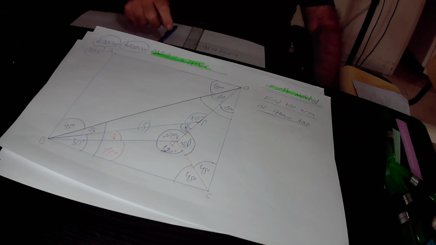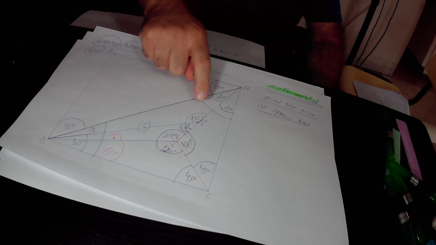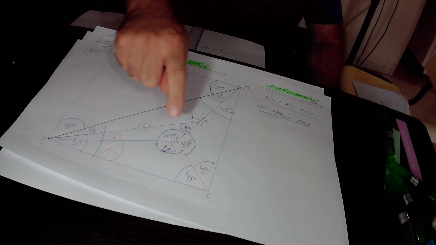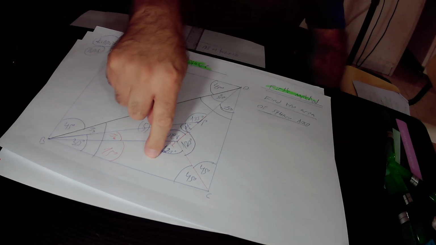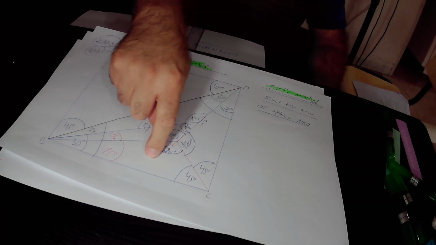In the next step, we'll prove that triangle BPQ is congruent to this triangle BQC. Again, we'll prove that those two triangles are congruent to each other according to the angle side angle rule.